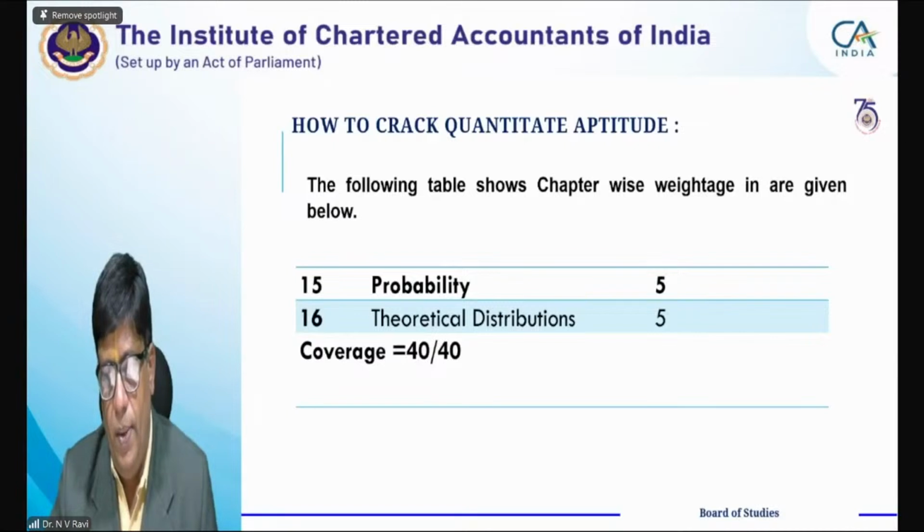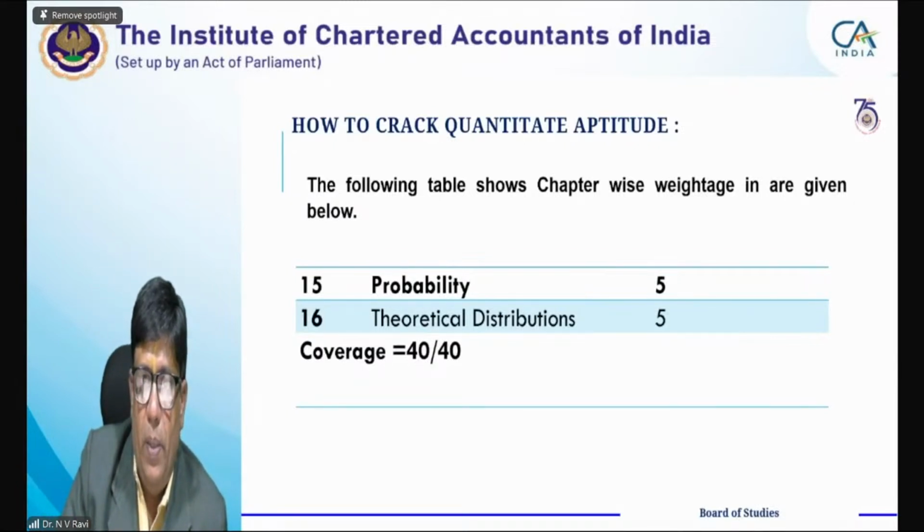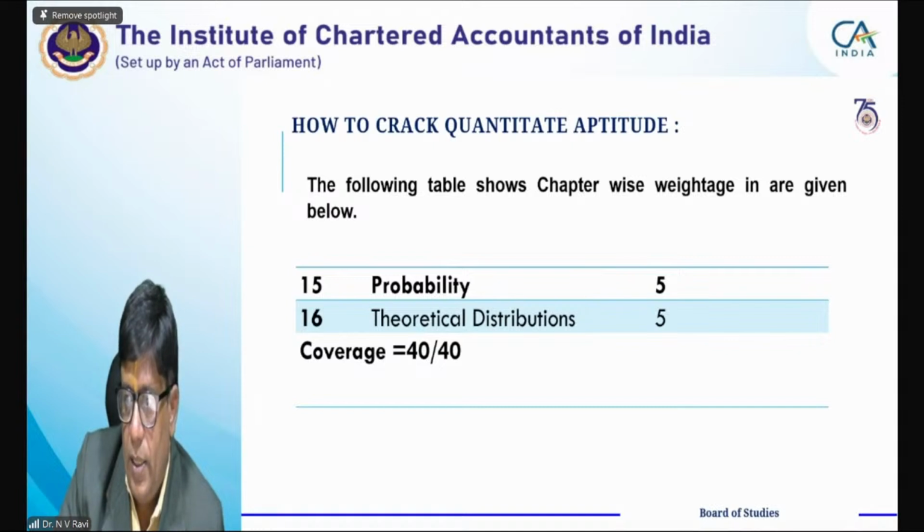And next is how probability expected values are solved. All these examples you can look at in the study material.